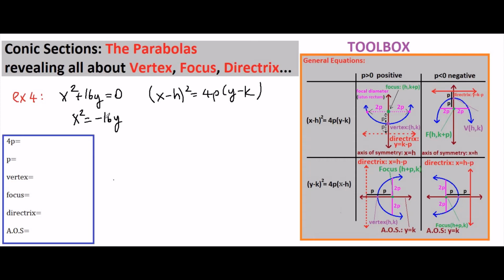And let's rewrite this equation in our standard form. (x minus 0) squared equals negative 16 times (y minus 0). Our 4p value equals negative 16, so our p value equals negative 4. And our vertex is 0, 0.